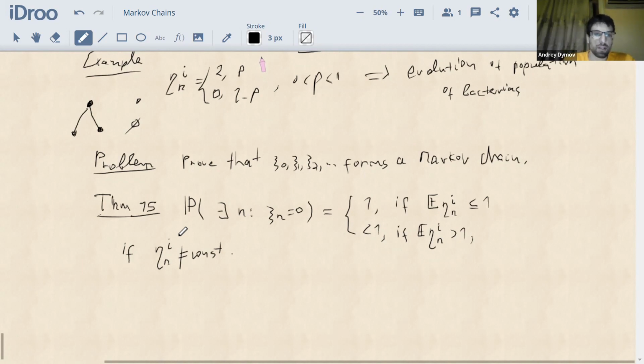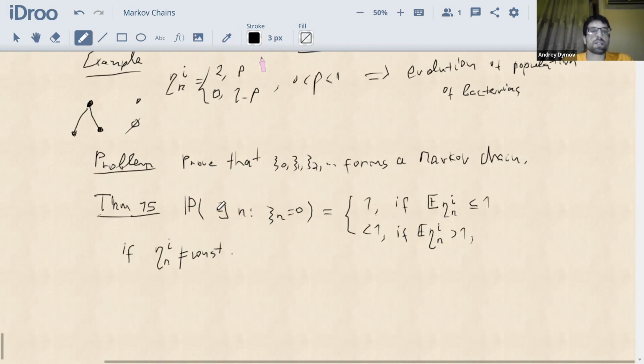If eta is not constant, then we have a very natural result. If the average number of descendants is strictly larger than 1, then the probability that there exists a moment of time such that everybody will die is strictly less than 1.